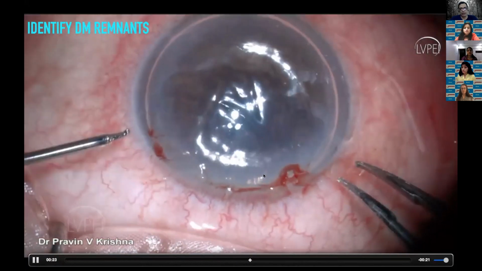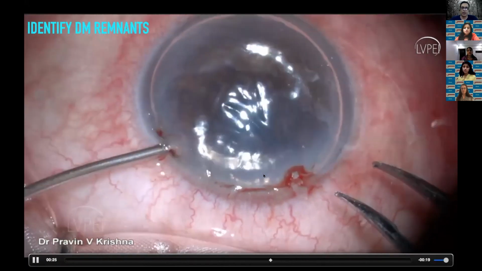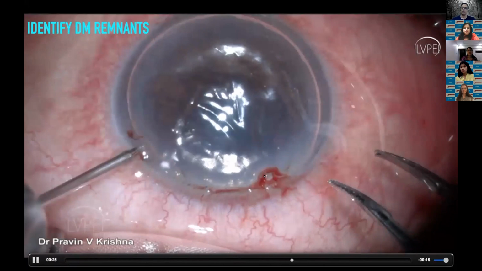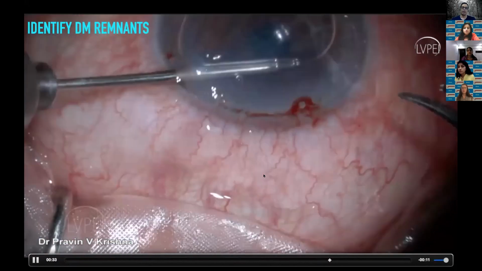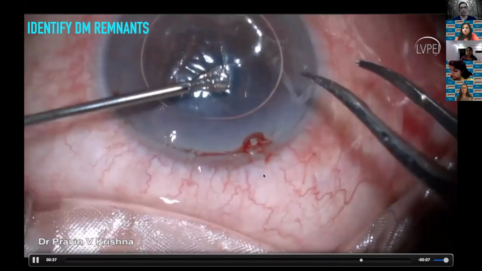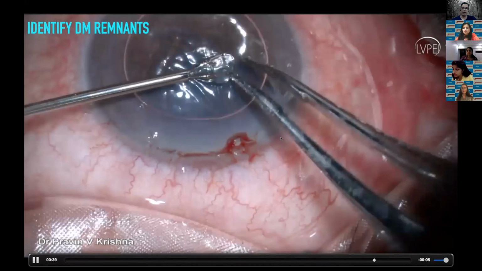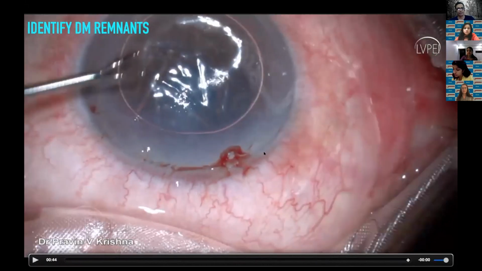This is a forceps that Audrey introduced me to, a fantastic piece of equipment, blunt tipped and turned upwards, with which you can get out little tags of Descemet's membrane that might be left behind, once you've identified them with the air bubble.